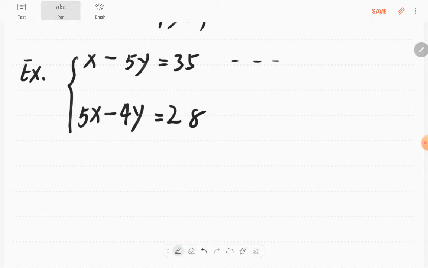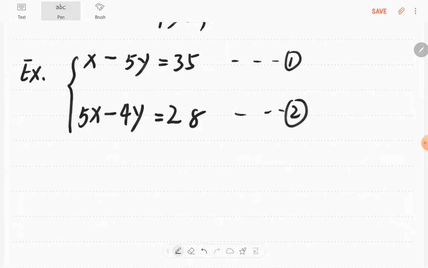If this is equation 1 and this is equation 2, we notice that if we add these two equations up directly, you will get a new equation which still contains x and y. This is not the equation we want. We want to eliminate one.